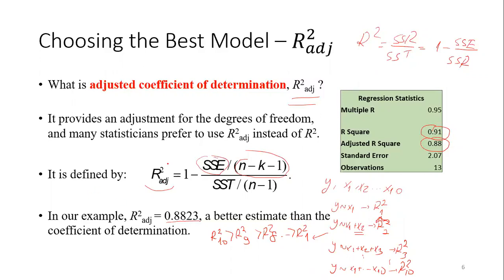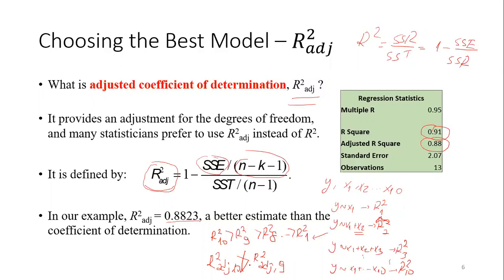Adjusted R squared measures this additional R squared. It may not be the case that the adjusted R squared of the model with 10 variables is greater than the adjusted R squared of the model with 9 variables.